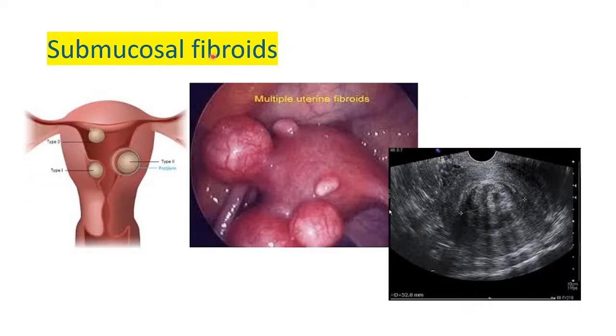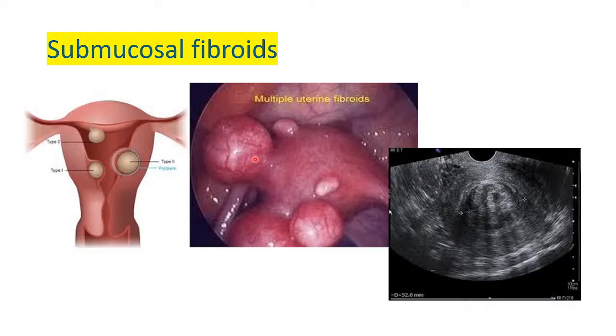We have the submucosal fibroids. These are fibroids developing within the myometrium, but denting the endometrial cavity like that. You can see here they are protruding. This is what we call the submucosal fibroid.